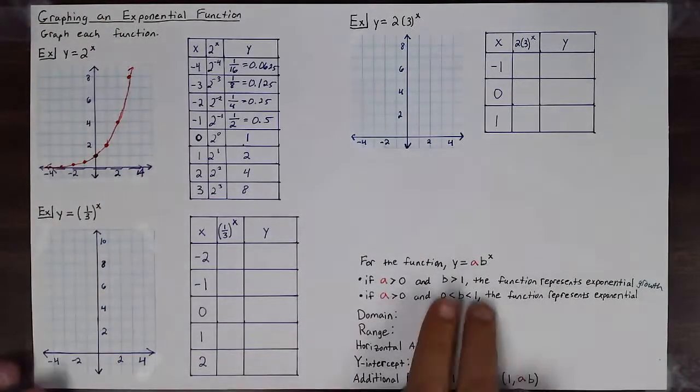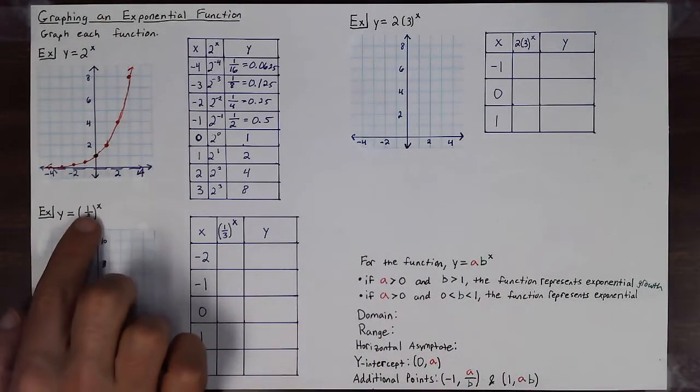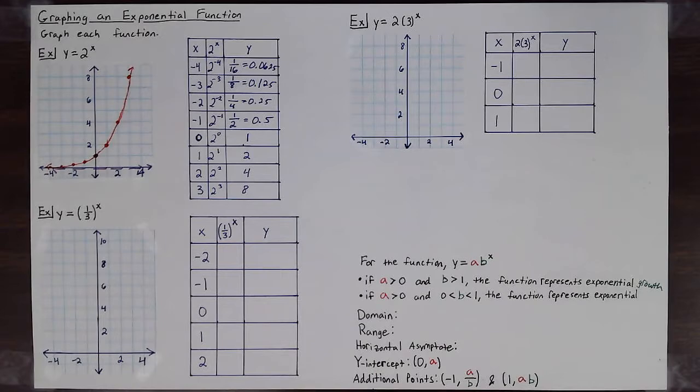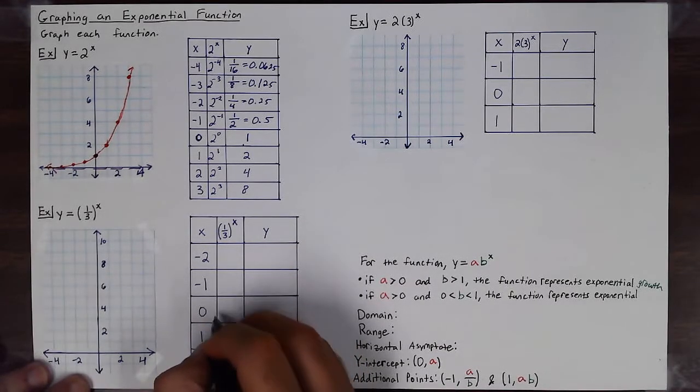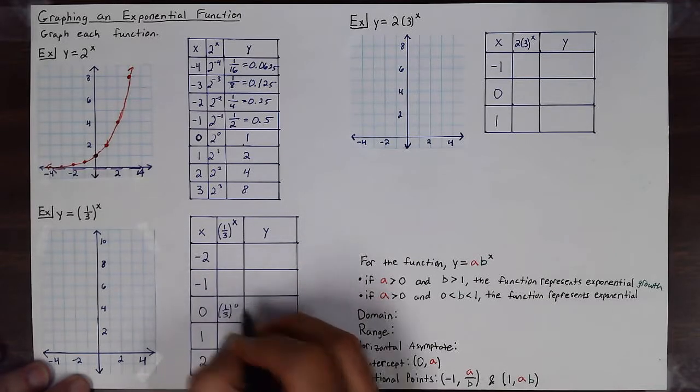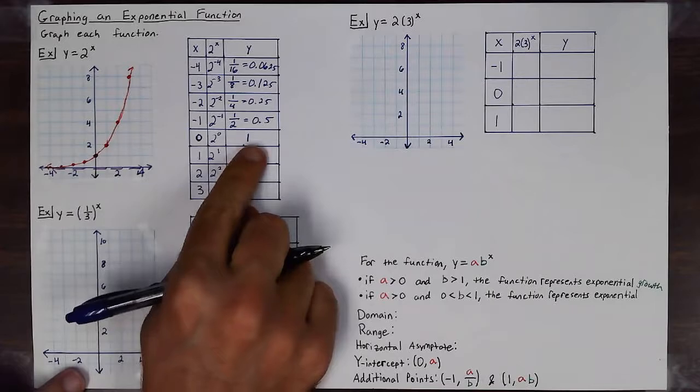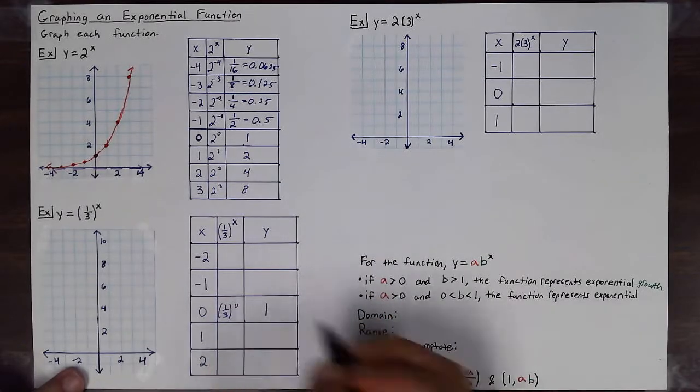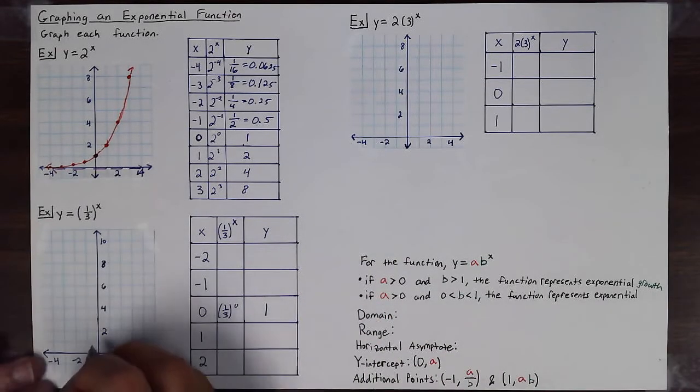Now let's see what happens when you pick a b value that's between 0 and 1. It's like 1/3. Now when I plug in 0 for x, I get 1/3 to the 0th power, which again, anything raised to the 0th power is 1. So I have a point at (0, 1).